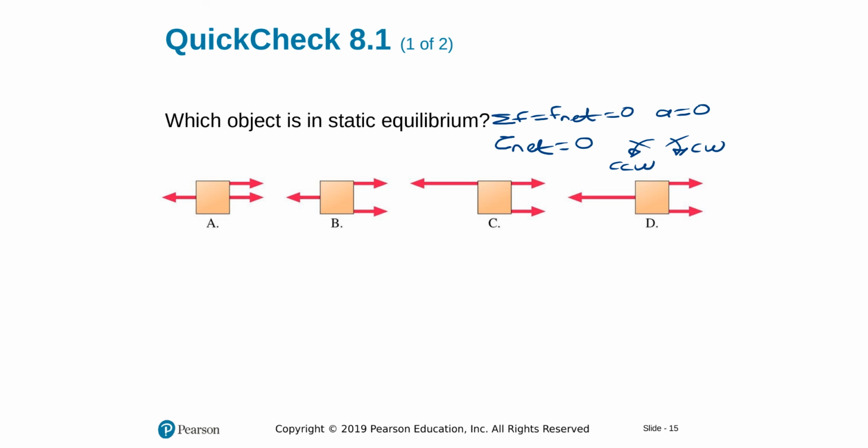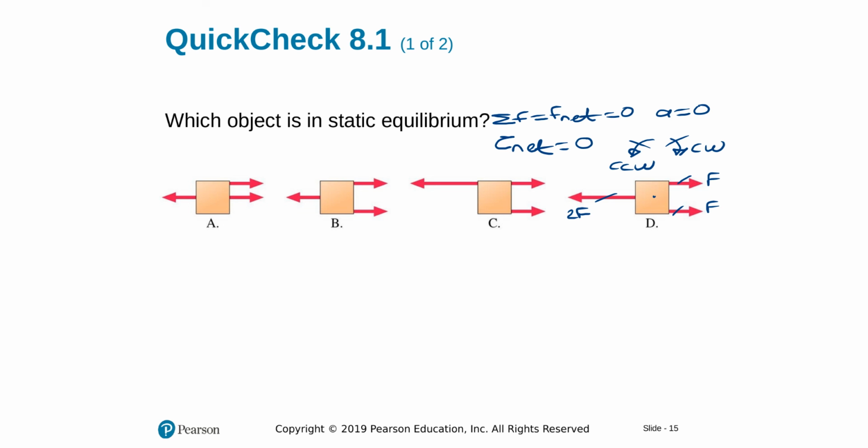This question is asking us which of these objects is in static equilibrium. It would be this one only. We have two forces to the right, one to the left, twice as large as either force. So forces cancel, no acceleration, right or left, and there's no rotation either.